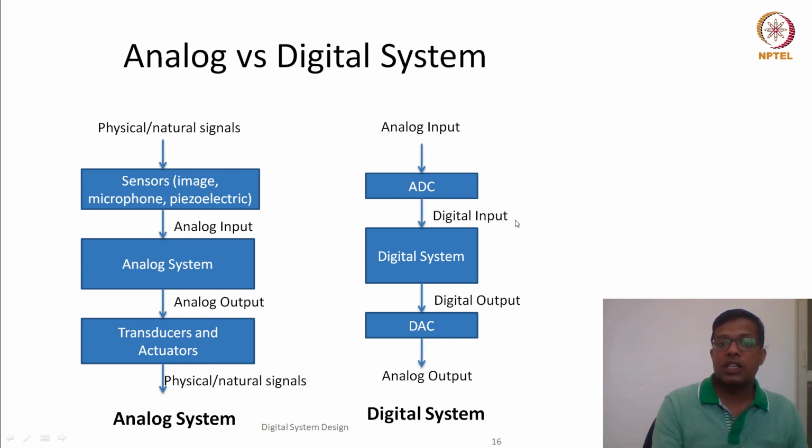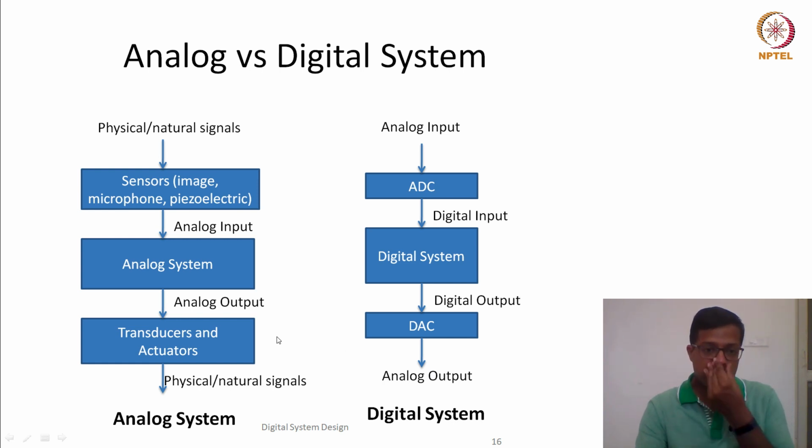So this digital input after ADC conversion would be discrete in time and values. The digital system will process this digital input, and using a DAC, a digital to analog converter, will again generate an analog output, which, using transducers and actuators, will be given back to physical and natural signals.